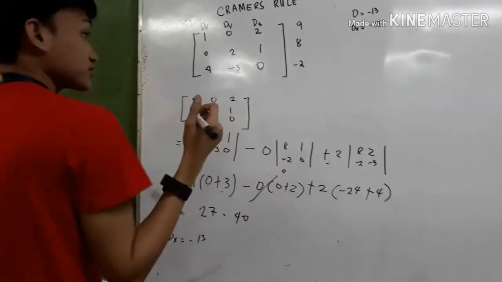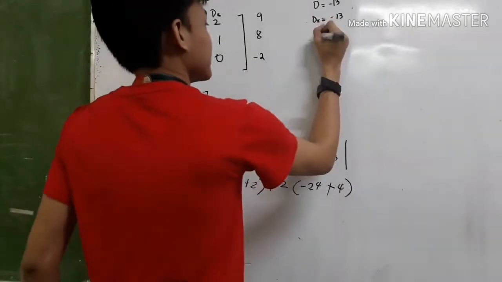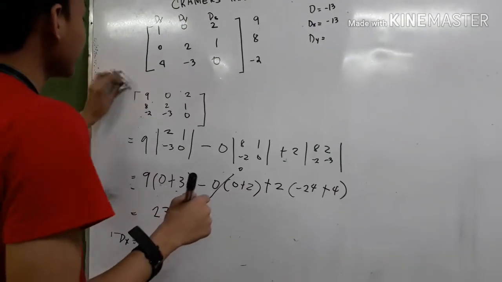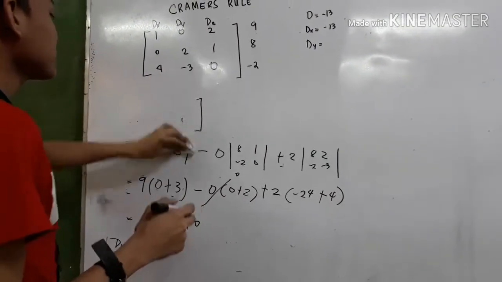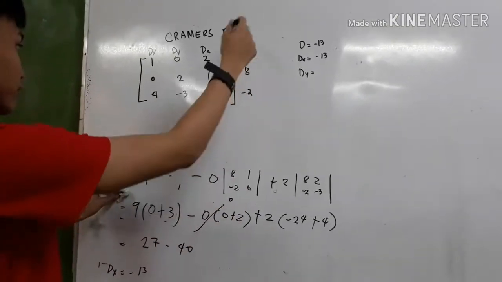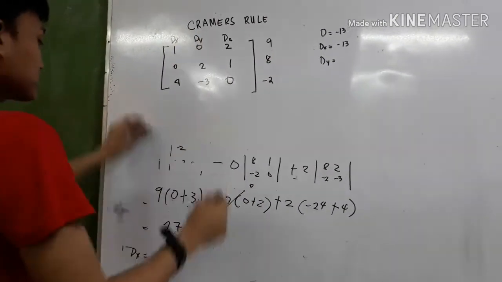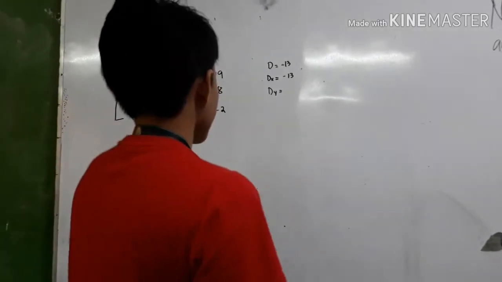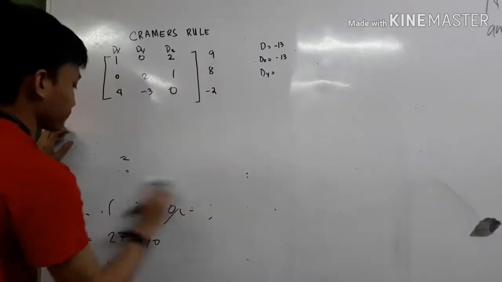And so let's find the d sub y first. For the d sub y, as I told you earlier, we have to substitute the values of the coefficients into this column for the d sub y. So let's substitute it.